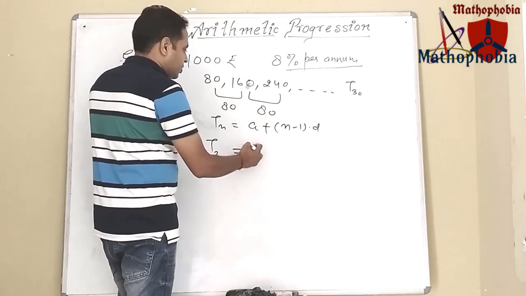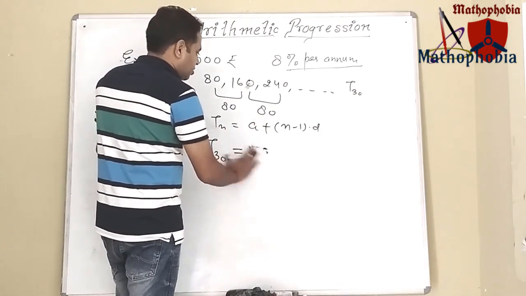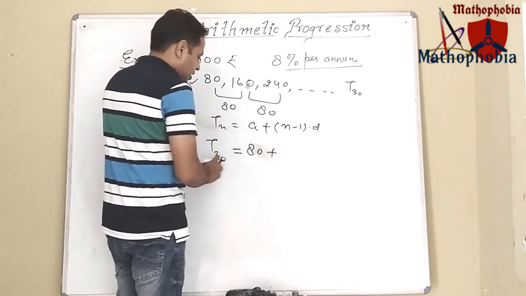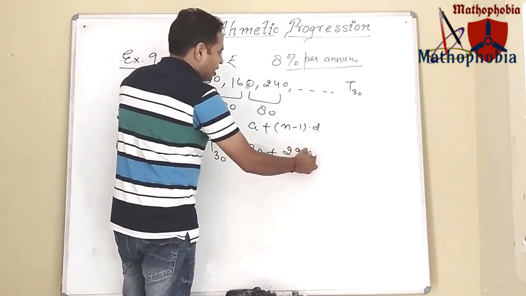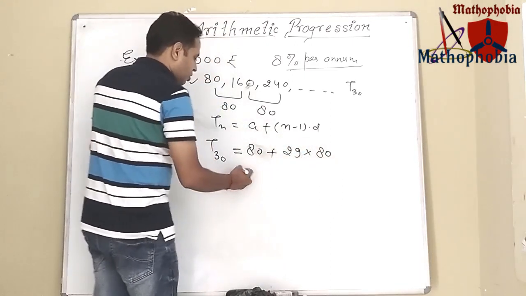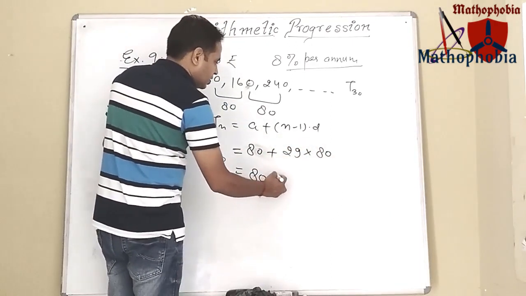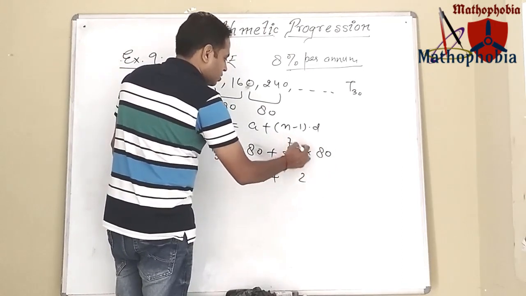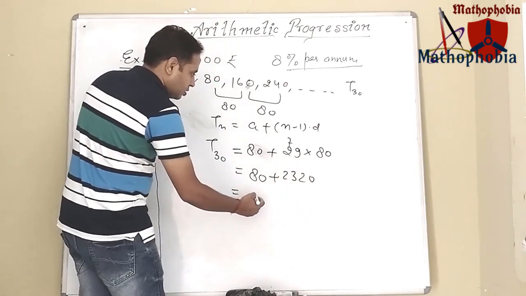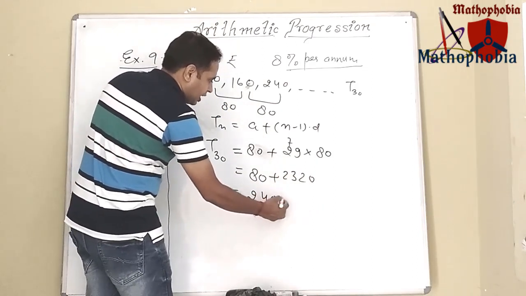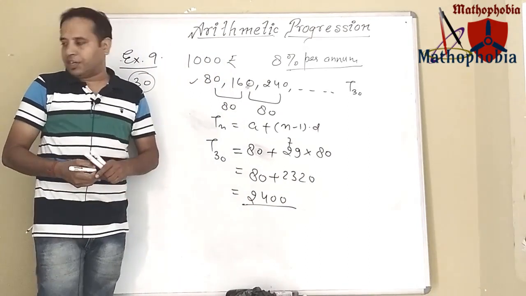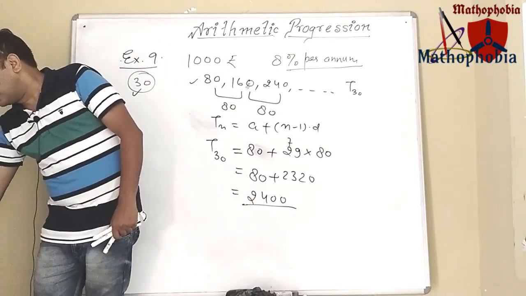So a is 80 plus 30 minus 1, 29, and what will be d? d is 80. So how much you will get? 2400. Okay? So at the end of 30 years he has to pay how much simple interest? 2400. Let's move on to the next one.